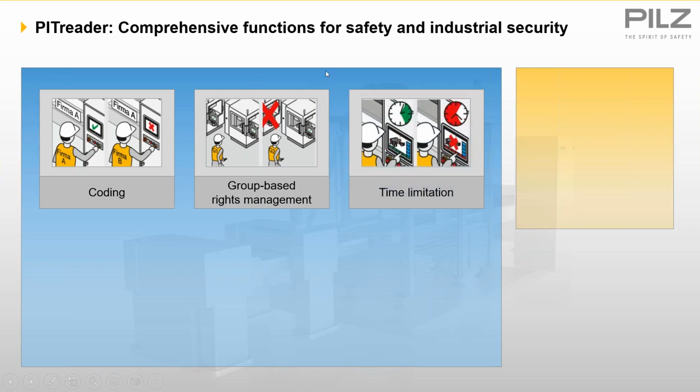We can have time limitations, and so this means that if you have systems or procedures where you have to have an operator trained every 12, 18, or 24 months on a machine, then you can set those time limitations up on the key itself.